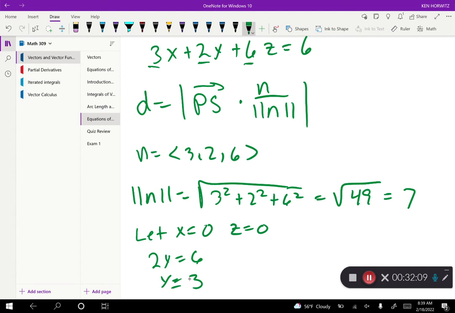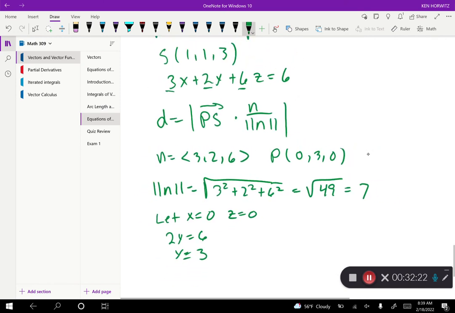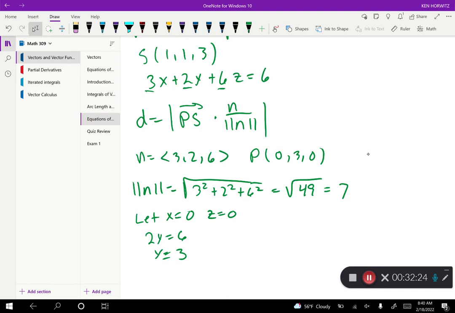So I can say that point P is going to be 0, 3, 0. All right. So now I'm going to scrunch this up a little bit because I can get my point S in there. So now I need vector PS. So I have point P here, I have point S here. Why don't you guys run through, get vector PS, and then we will talk about it on the back end and what to do with it.